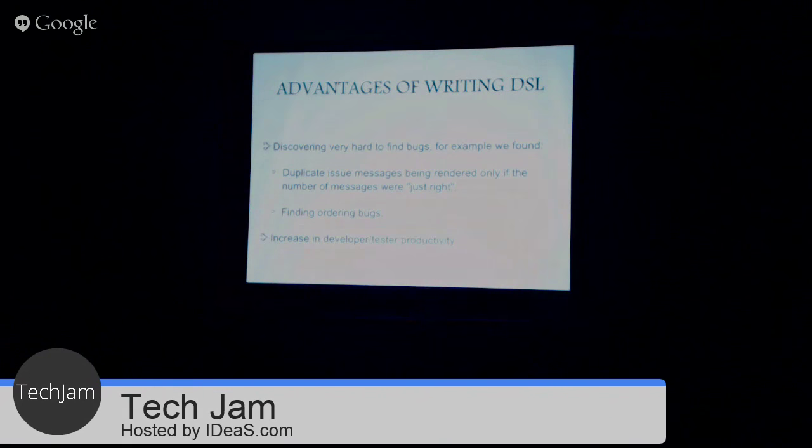So what are the advantages of writing a DSL? You can find very hard to find bugs. One of the issues that we got in issue audit trail was that if the order is just right, only then will it fail. There are two types of audit trail: one is a single audit trail and one is a dependent audit trail, which needs to go together.